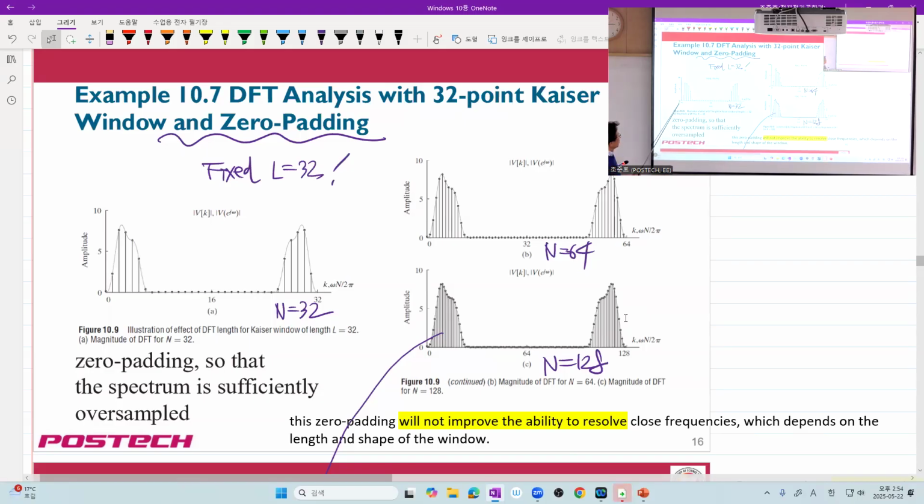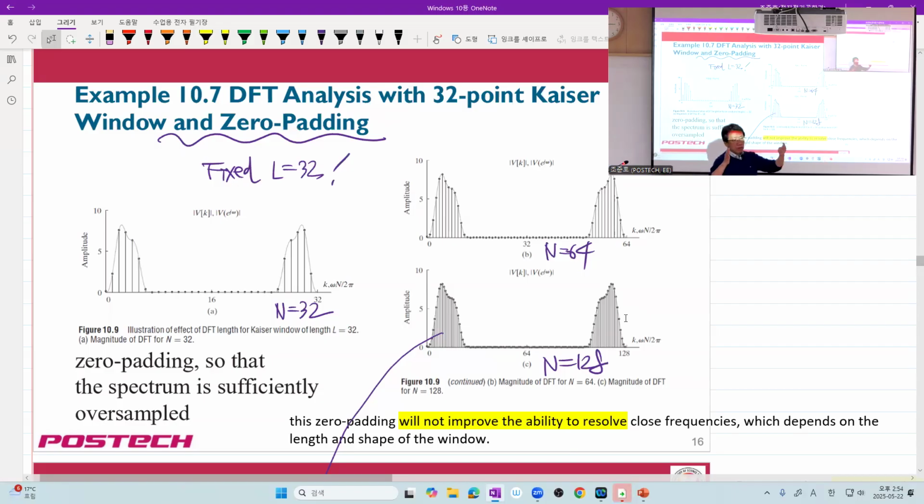Then, as you see, suppose we have the original envelope of the DTFT. Then the DFT output more densely evaluates the DTFT. That's all. Got it?